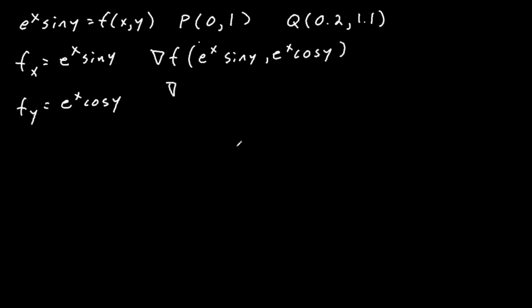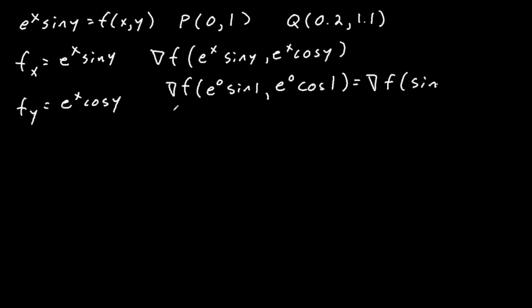If we plug in 0 and 1, we get e to the power of 0 sine of 1, and e to the power of 0 cosine of 1. Let's simplify this gradient. Once simplified, our gradient is simply sine of 1 and cosine of 1. You don't have to turn this into some number. You can just leave it as sine of 1.